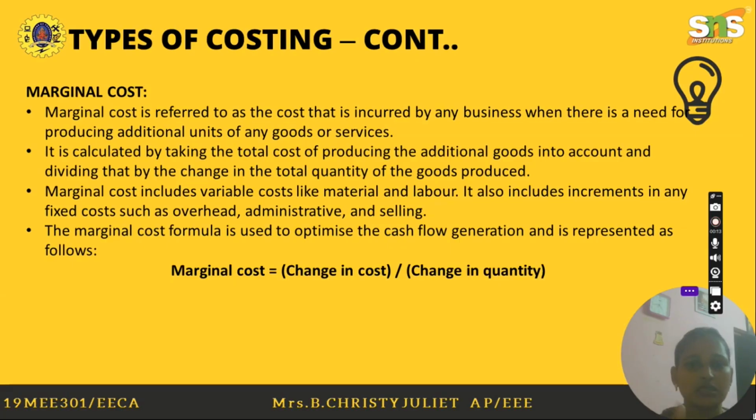If I increase the output to 200 chocolates per day, then the marginal cost will be change in cost divided by change in quantity, which is 200 minus 100.